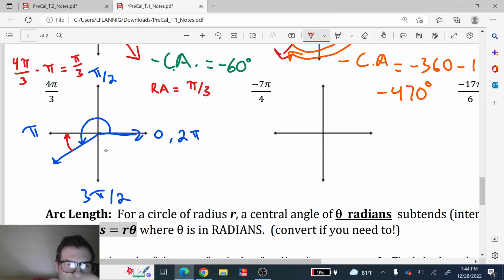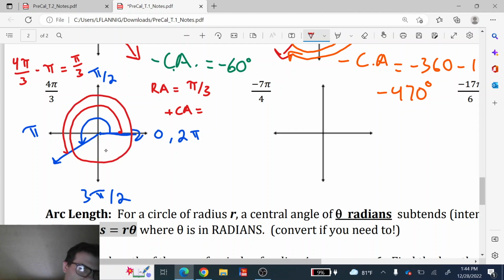Next, you're going to have your positive coterminal. This one, again, starts from the positive side right here and then works its way all the way around. Well, we already have that angle, so we have to go one more time around. That's the positive coterminal angle.